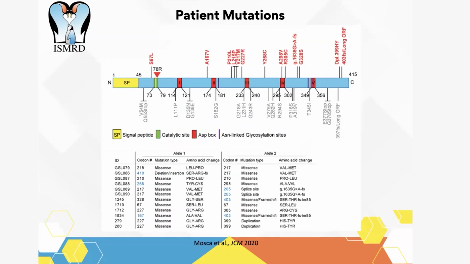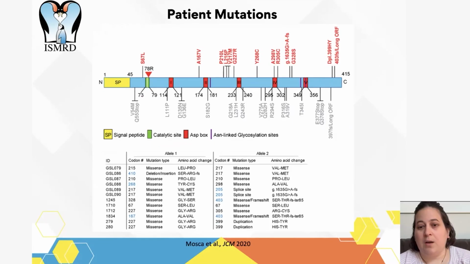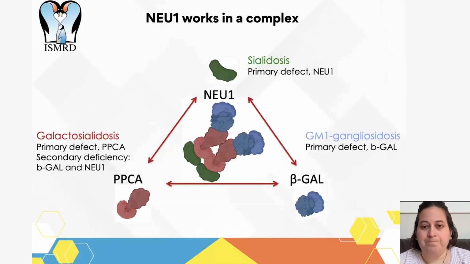We can see here from this publication by Mosca out of the d'Azzo lab in 2020 that a number of patient mutations in human sialidosis patients are missense mutations, meaning that these patients will have remnants of mRNA, but that translation into protein is very few to none, and this is what causes the disease to be so impactful.